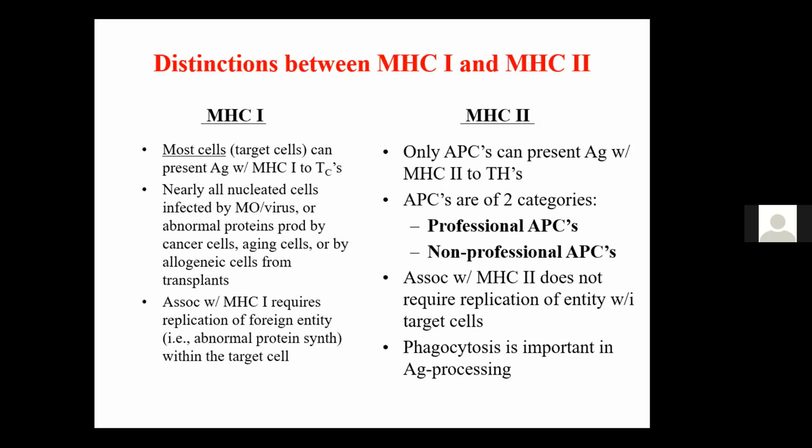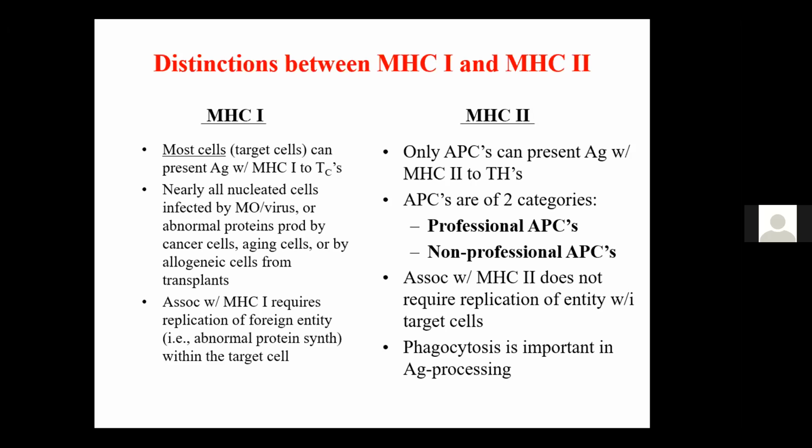Now, in terms of antigen presenting cells, they are categorized into two categories. We have professional antigen presenting cells, and we have non-professional antigen presenting cells. The professional can do two things. They can phagocytose or engulf the target antigens, then couple these antigens with an MHC molecule, and then present them to the cell surface for recognition by the T cells.